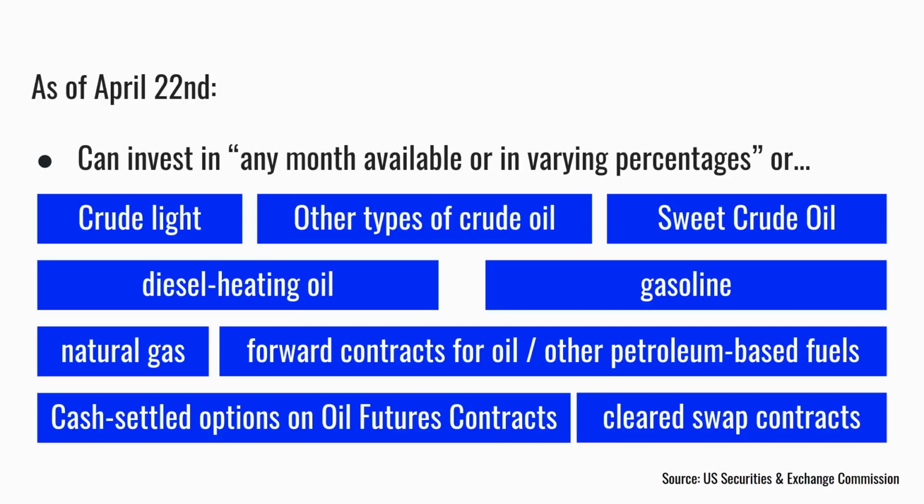Looking at this optimistically, it might mean that they can more accurately track the oil price. Pessimistically, this is starting to look like a very actively managed fund, with the possibility of having some very large tracking errors if some of these contracts don't behave as expected.